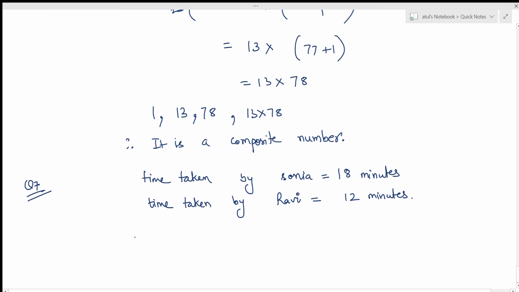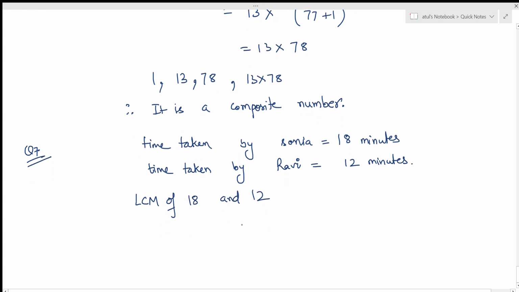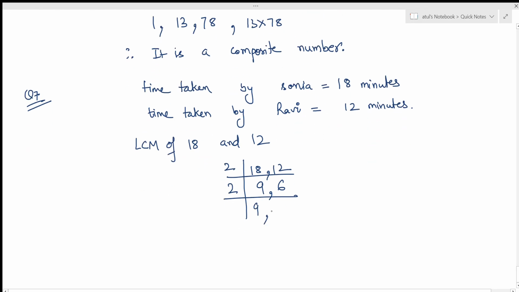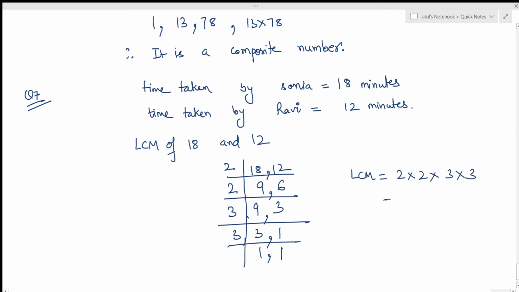So you need to find the LCM of 18 and 12. Both are divisible by 2, so 9, 6. 6 is divisible by 2, so I will use it again: 9, 3. Now both are divisible by 3. So the LCM comes out to be 2 into 2 into 3 into 3, that's 4 into 9, which is 36.